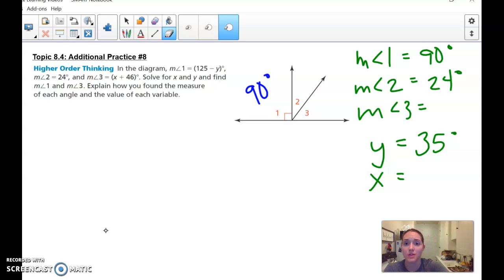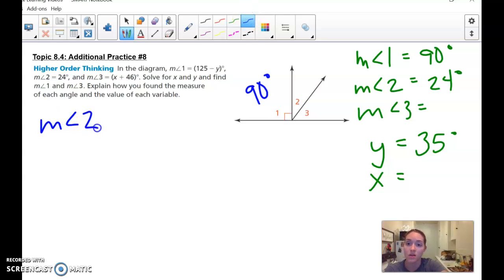I'm going to go a little bit smaller though. We're going to use the measure of angle 2 plus the measure of angle 3 should be equal to 90.